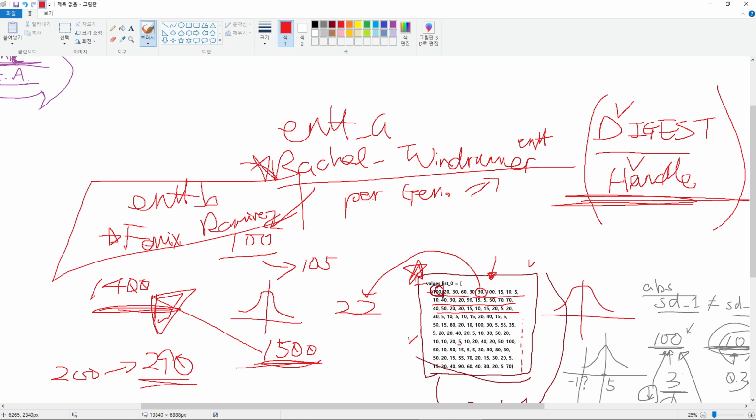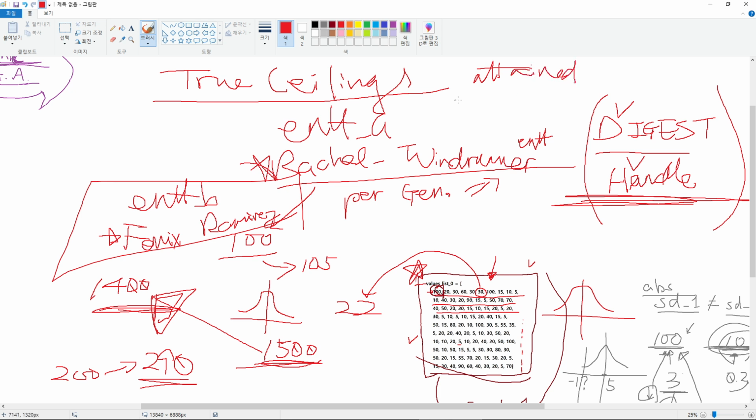But the overall purpose of this would be to see if true ceilings are attained through this method. Yeah, I think that's a good objective. Okay, that's about it.